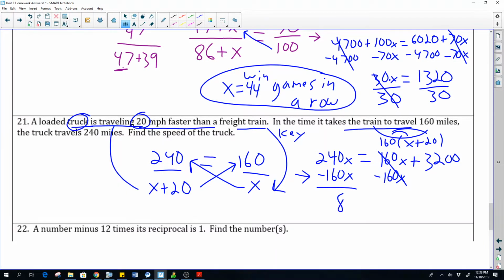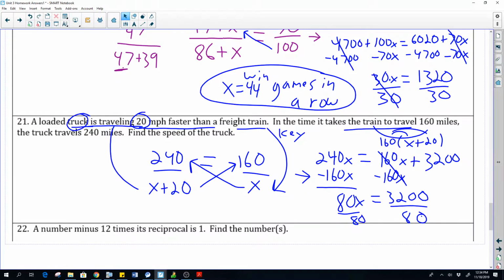So now we have 80x is equal to 3,200. And we're going to divide that 80 to the other side. So 3,200 divided by 80 in our calculators gives us 40.